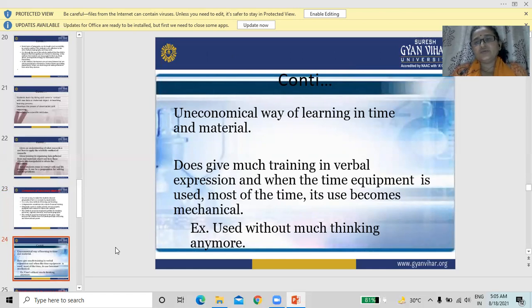Next limitation of laboratory method is uneconomical way of learning in time and material.